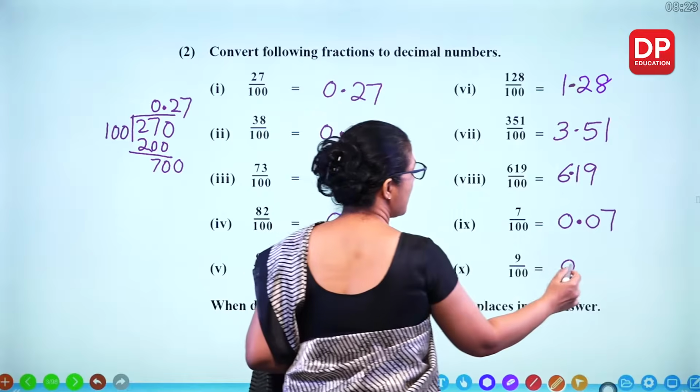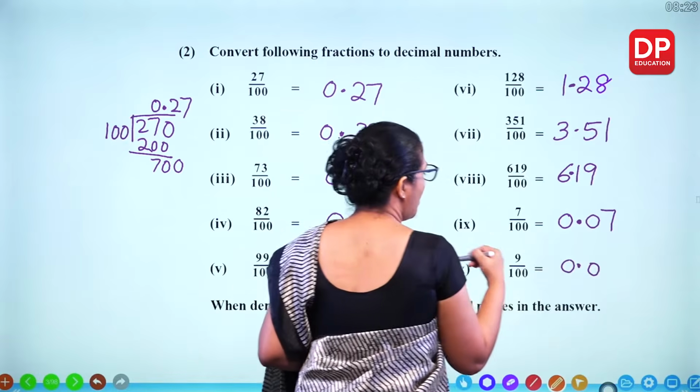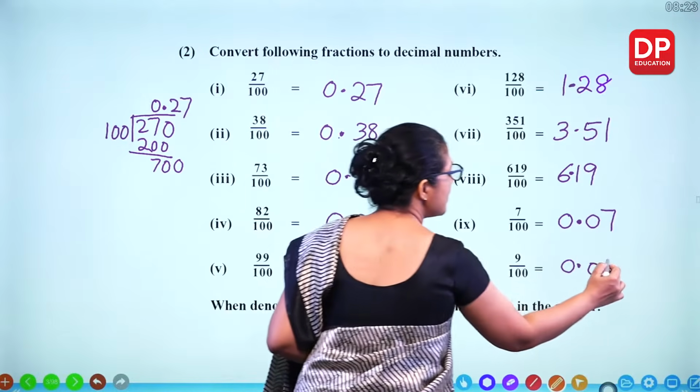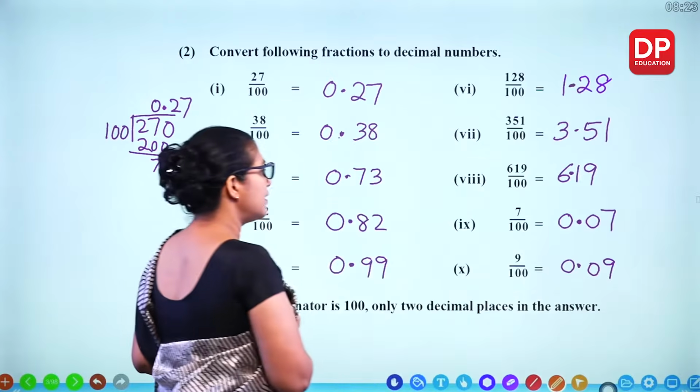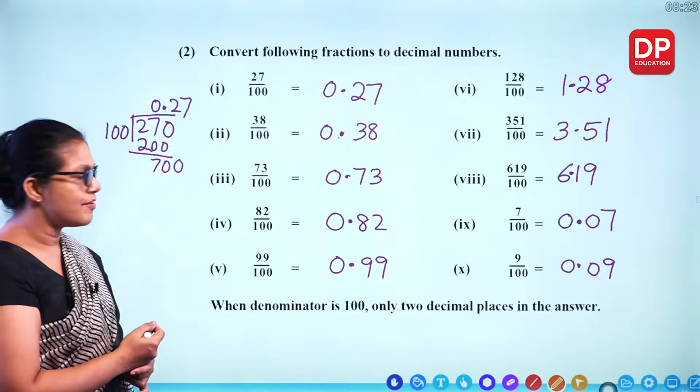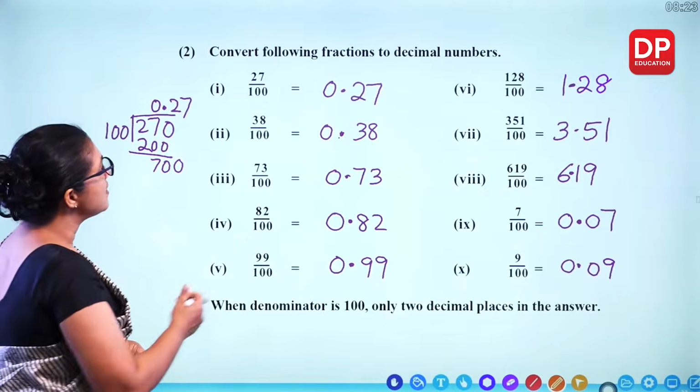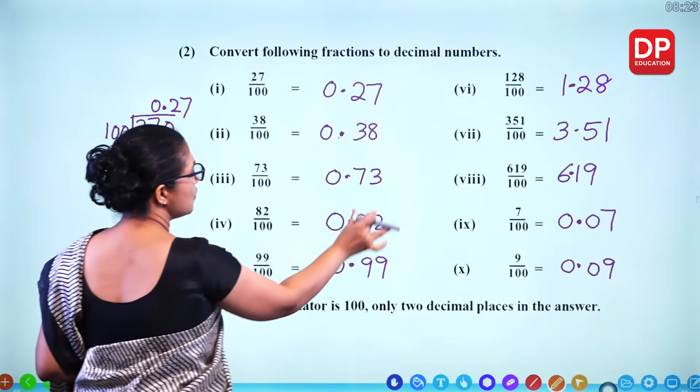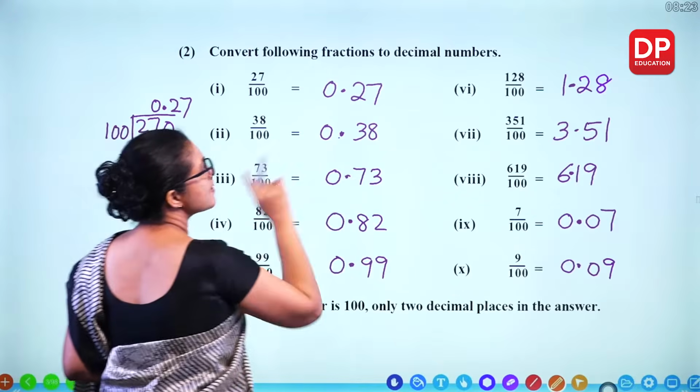Nothing for 9, nothing for 90. For 900, that's 9. Now look carefully. When the denominator is 100, only 2 decimal places in the answer. So we can see 2 places.